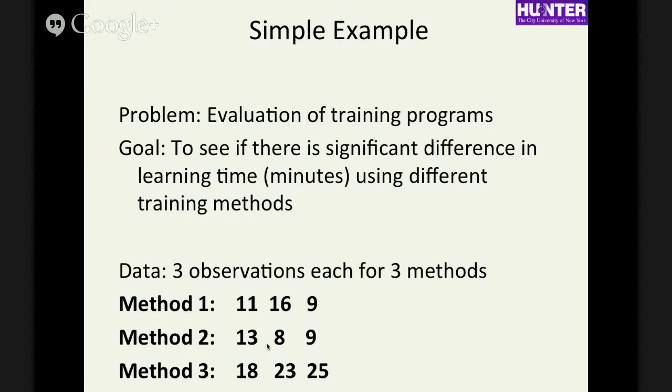And these are learning times, let's say in minutes, of 3 individuals by 3 different methods. So those are our data. And we're going to test a null hypothesis that these 3 training methods are the same.